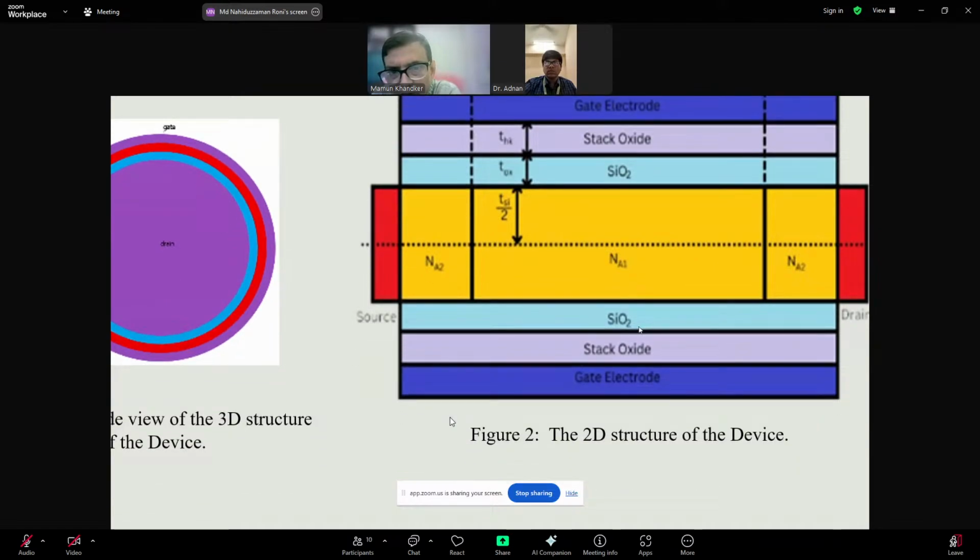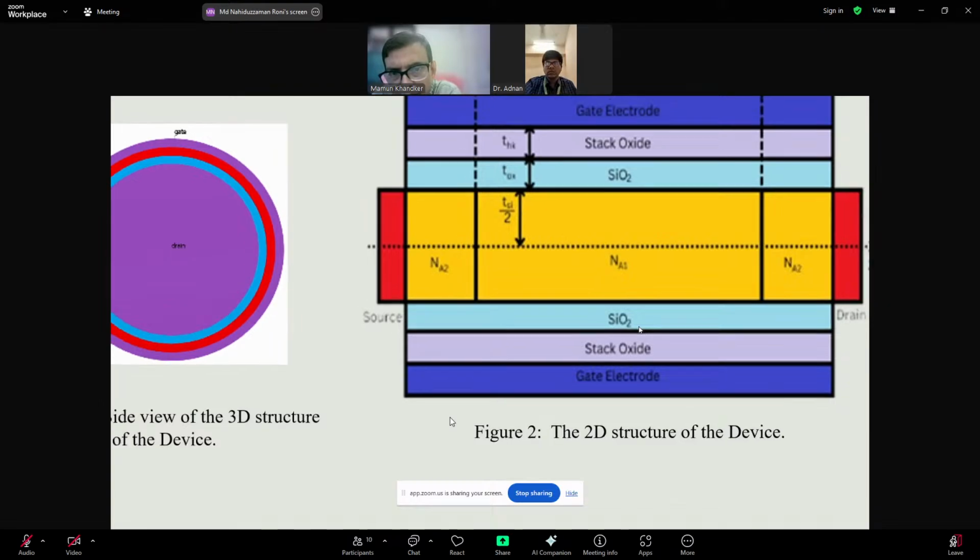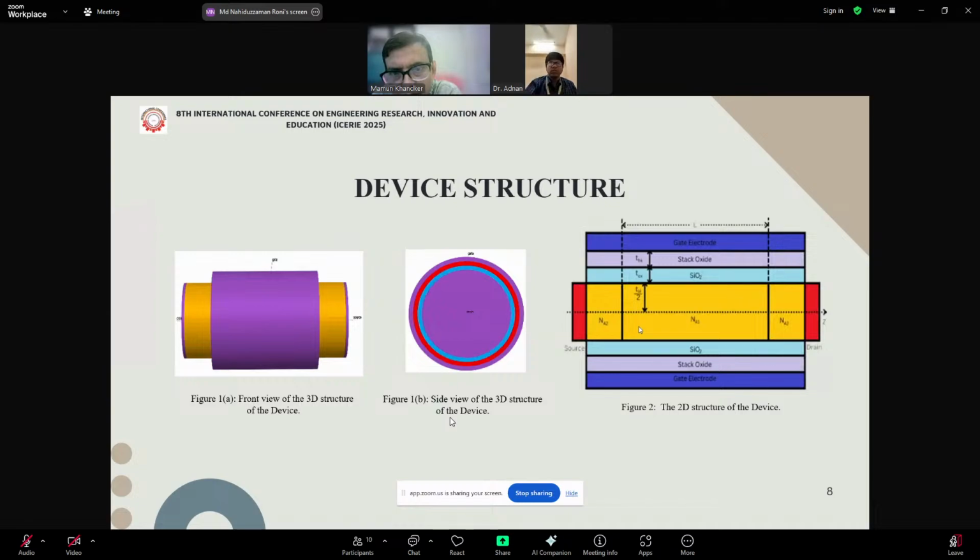So why is it called accumulation mode? It is because, as I showed you in the parameter table, we are giving negative voltage. We are giving negative voltage at the gate electrode Vg.